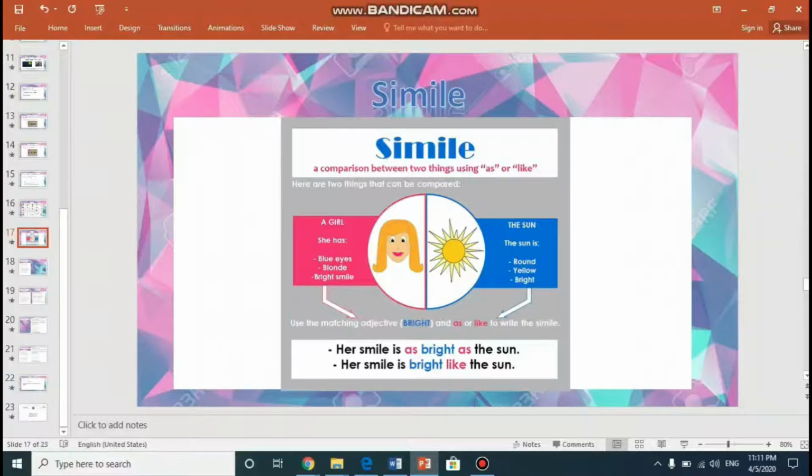Now, if you look at the girl's side, she has blue eyes. You look at the color of her hair, which is yellow, so we call her blonde. And last but not least, you can see her bright smile, big smile, lovely smile.